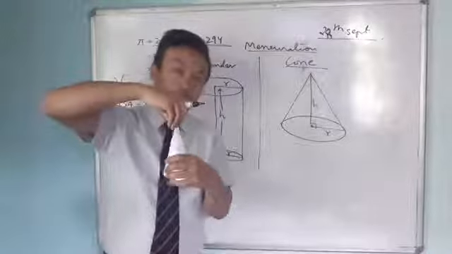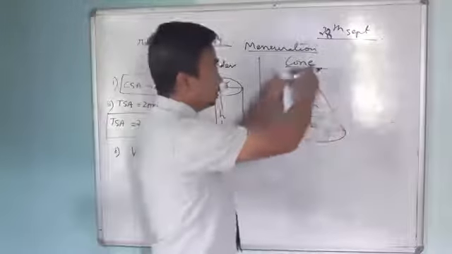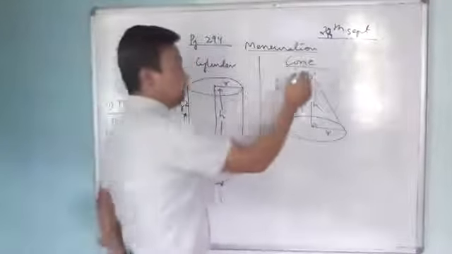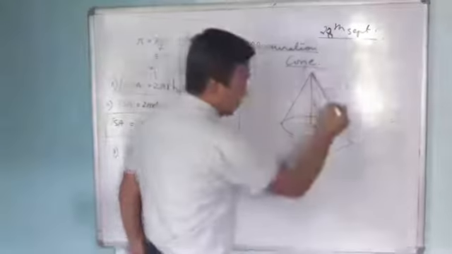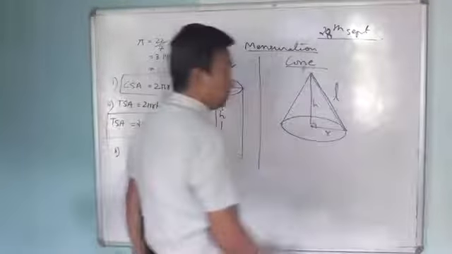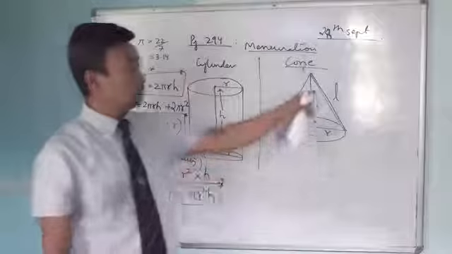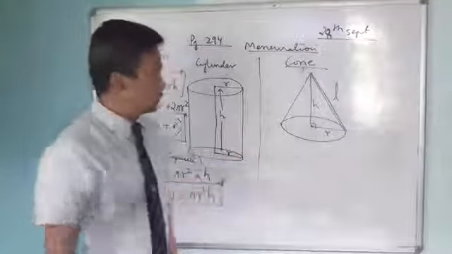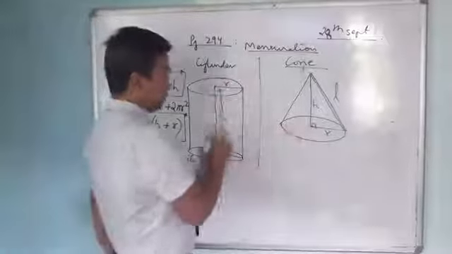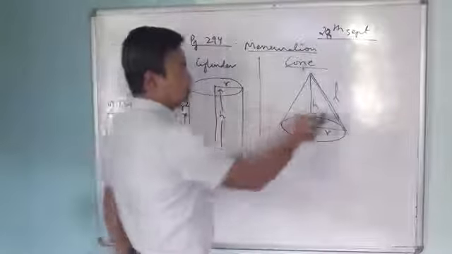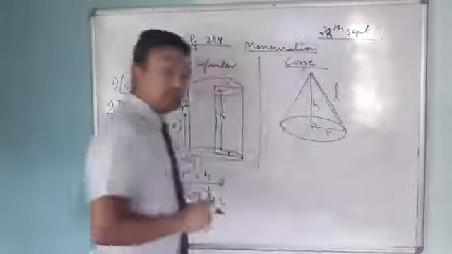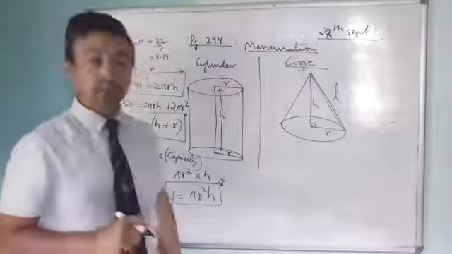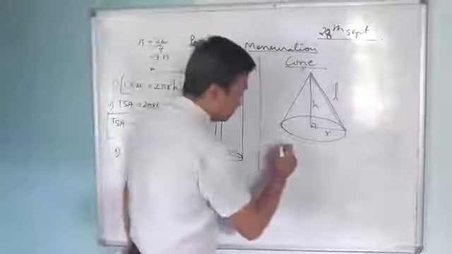It is reduced to a point, so it slants and meets here. So you will find one more height here. That is the new thing in the cone, called the slant height, because it slants and meets at a point. In a cylinder you have only the radius and the height, but in the cone one new nomenclature is added, which is known as the slant height.